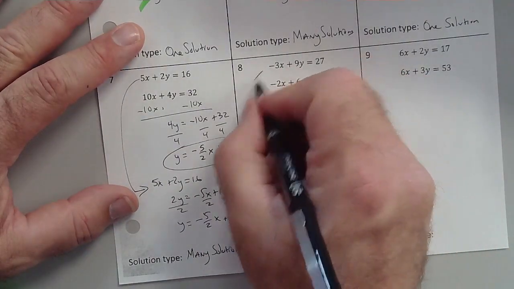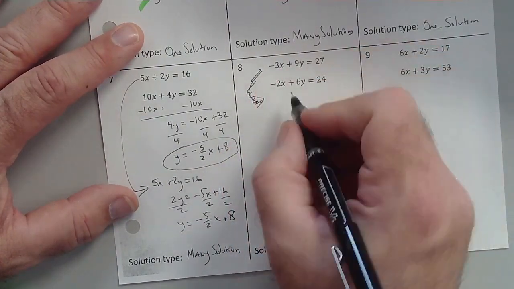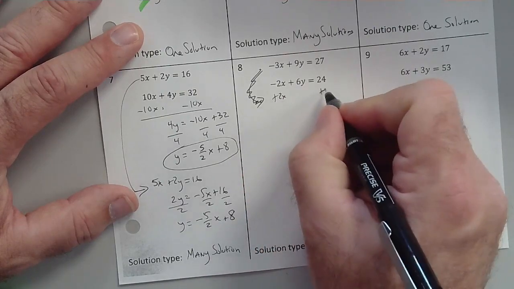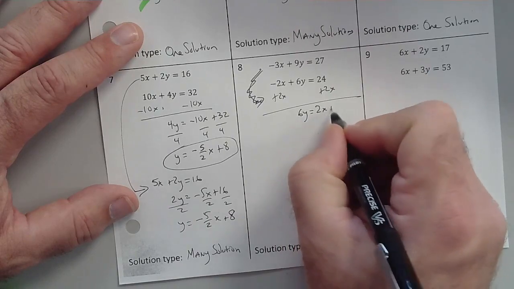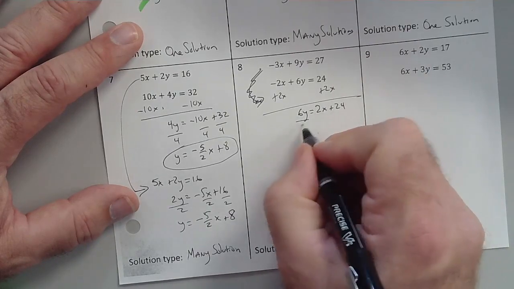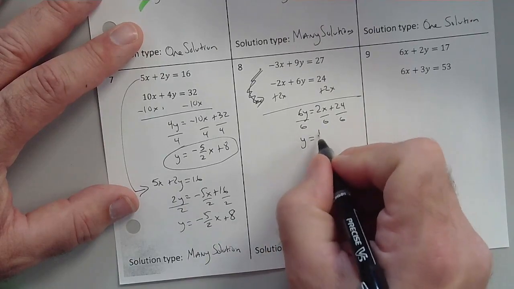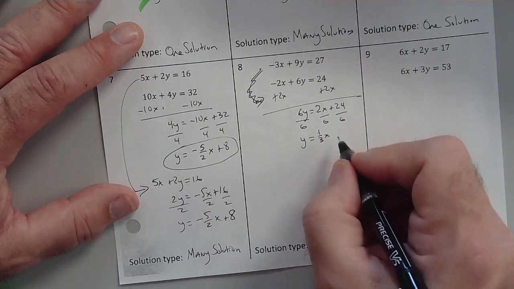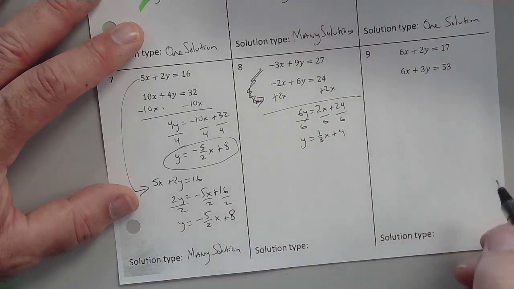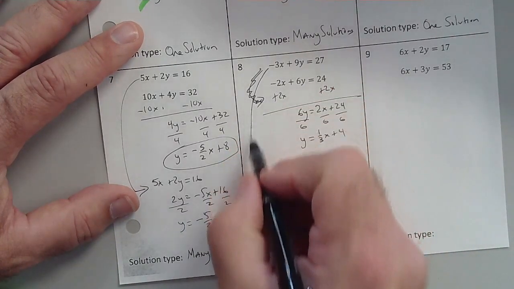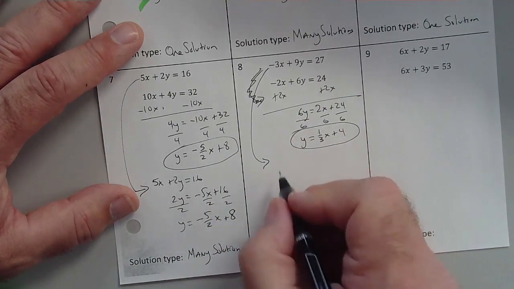Same thing for this one. Let me do this a different way. Let's add 2x to both sides. We get 6y equals 2x plus 24. Divide by 6. We get y equals, I'm going to simplify real quick, 1/3 x plus 4. And then this one will start down here. We circle that so I can go back and find it easily.